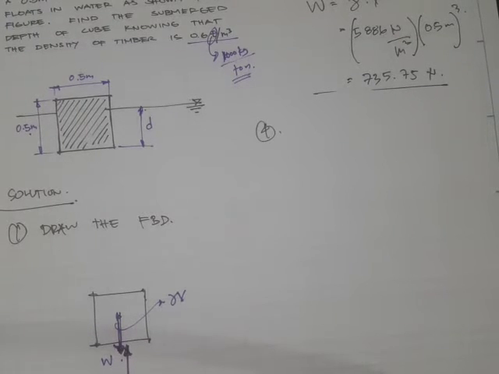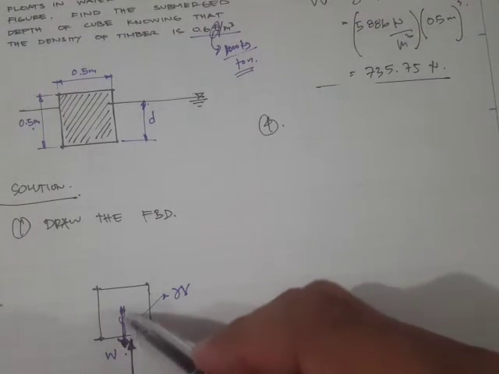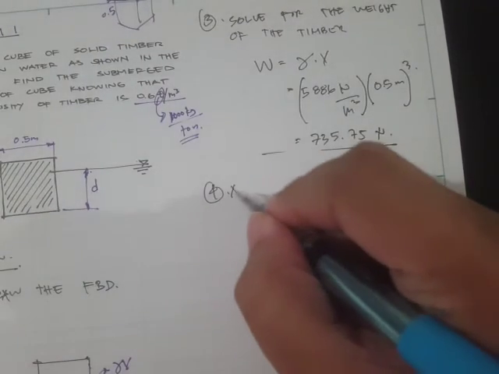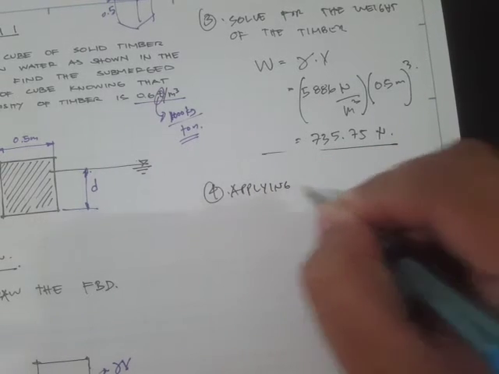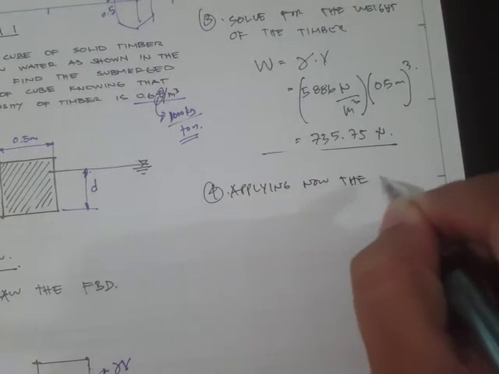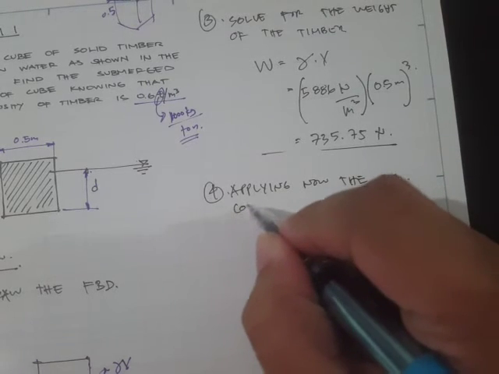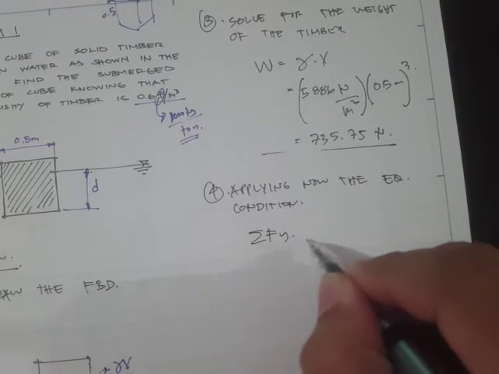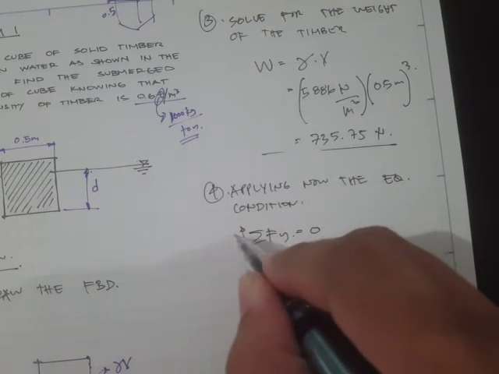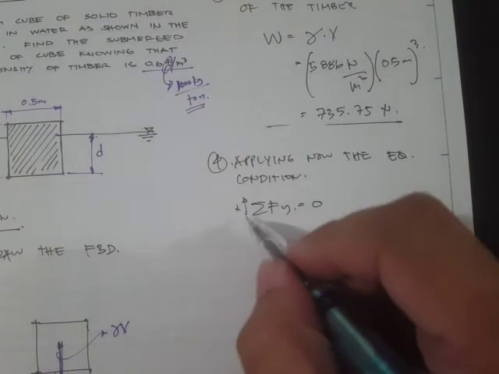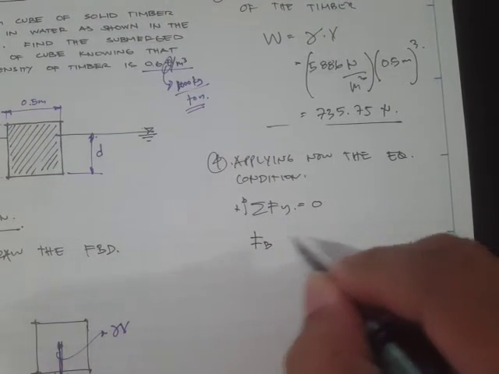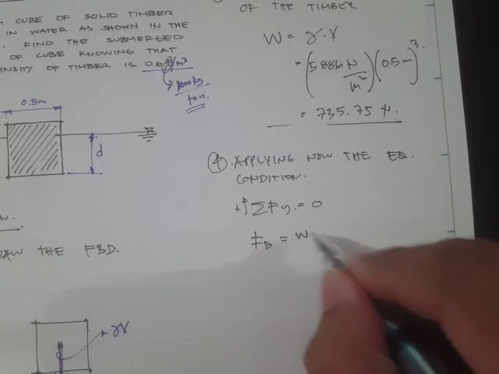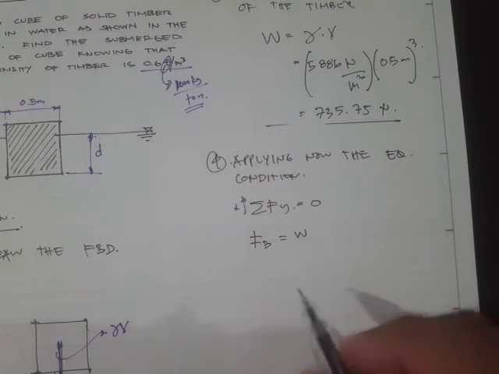Now we have the weight, and we know that the summation of forces along the y direction means the weight is equal to the buoyant force. So let's write here, applying the equilibrium condition: summation of forces along y is equal to 0. Let's say upward is positive, then the buoyant force is equal to the weight.